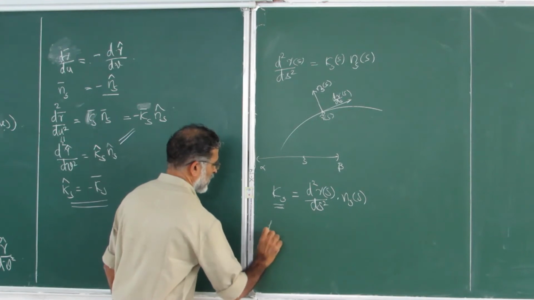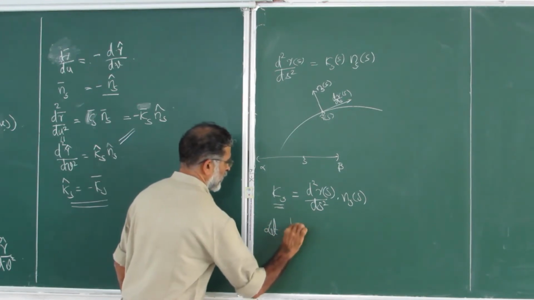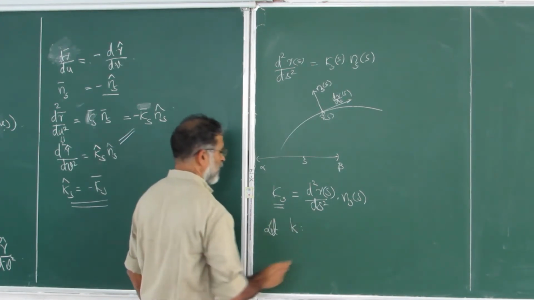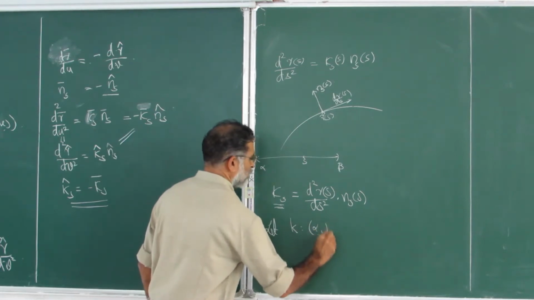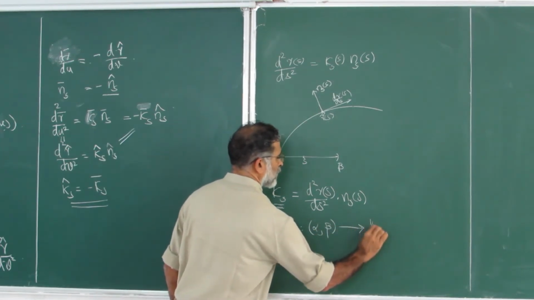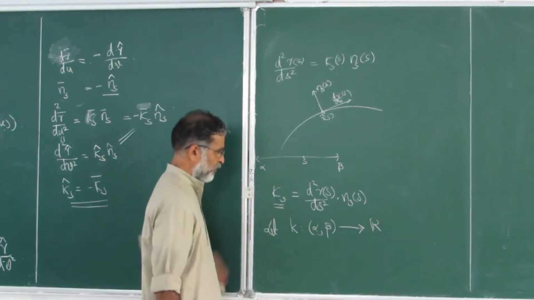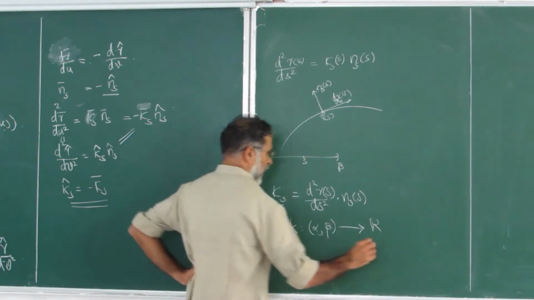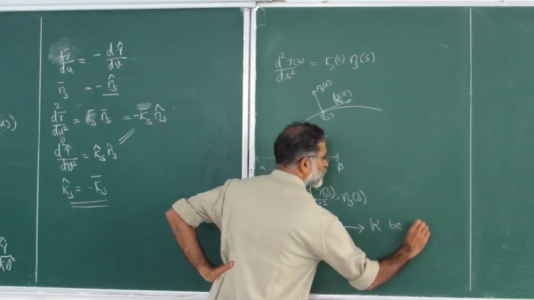Let's write down. Let me use a different notation. K from alpha, beta to R, we have no idea what kind of numbers you are going to get. Let K be a smooth function.